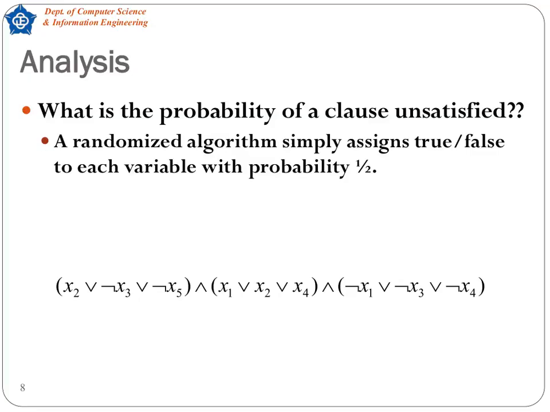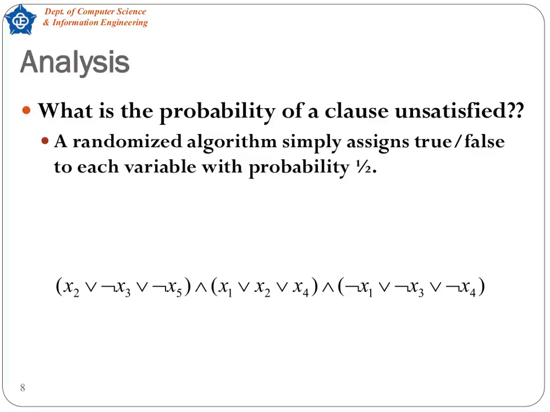Below, you see a conjunctive normal form, or CNF, expression. It's made up of 3 clauses, all connected by AND operators. The first clause is x2 OR not x3 OR not x5. This is ANDed with x1 OR x2 OR x4, which is then ANDed with not x1 OR not x3 OR not x4.